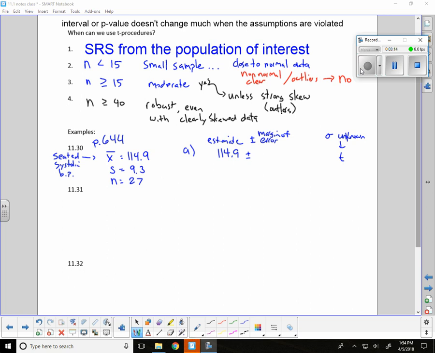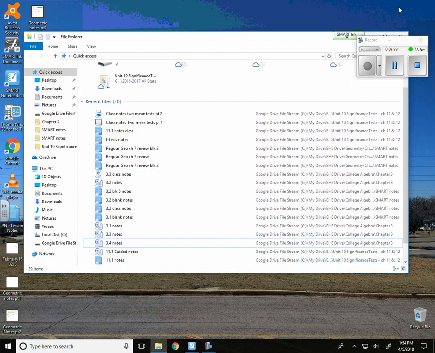And so we want t star for 99 percent. And we want degrees of freedom. How many? 26. Good. So we can do that using our inverse t function.